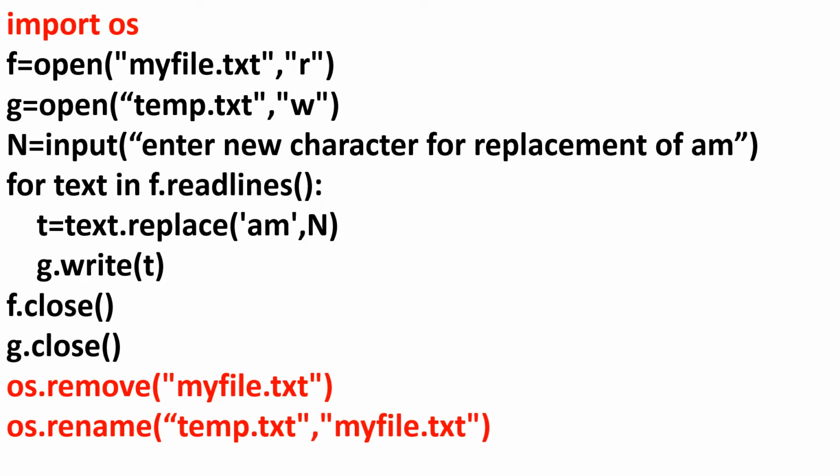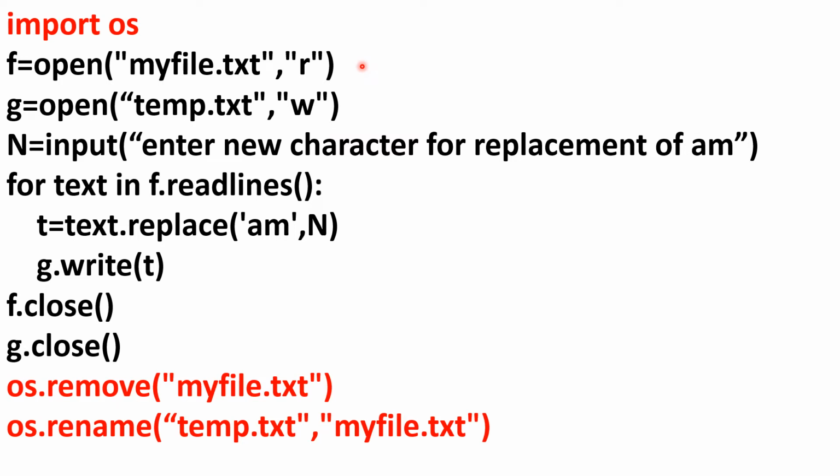To modify, firstly we will import the OS module, and after that we will open the file myfile.txt in the read mode. This is the file which contains the content which is to be modified. Then we will open a temporary file in write mode, in which we will copy down the records after modification.